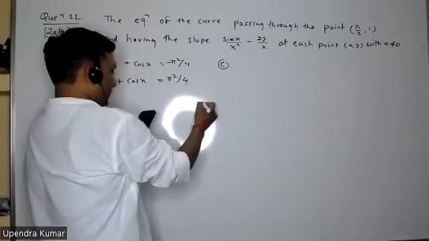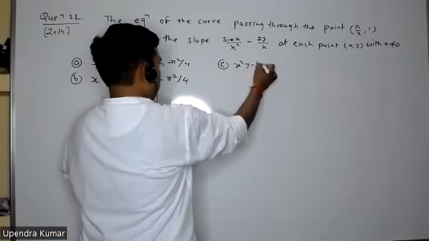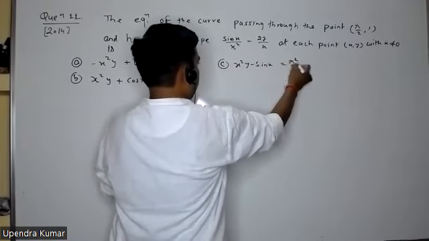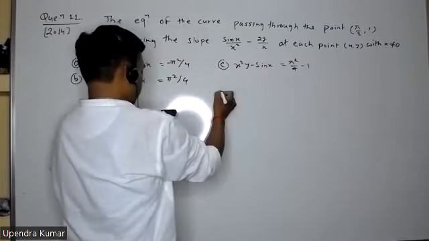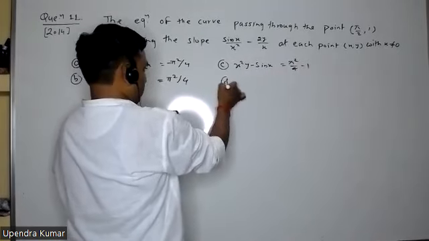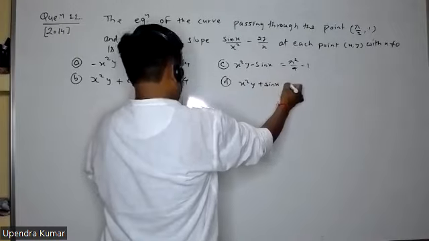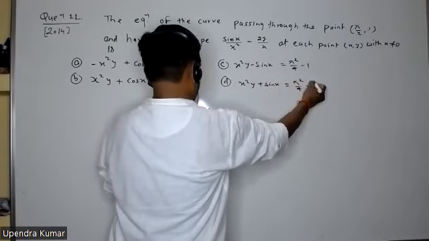Option C is x square y minus sin x equals pi square by 4 minus 1, and option D, x square y plus sin x equals.